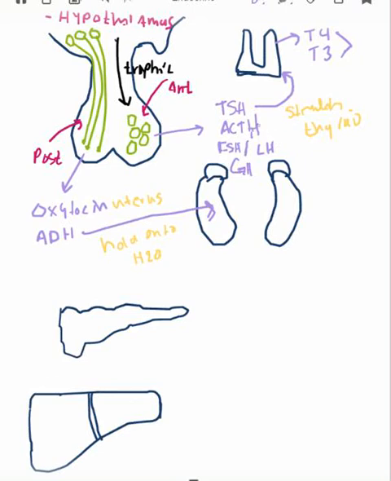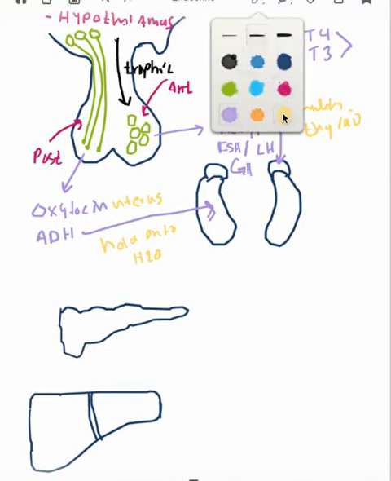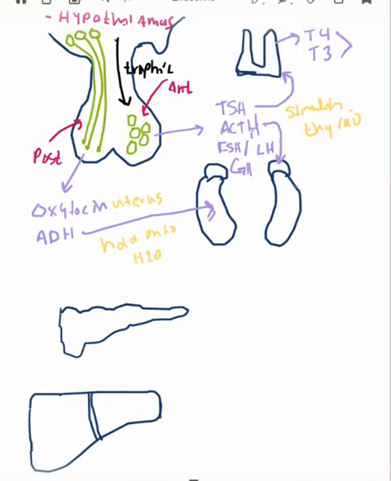Adrenal corticotrophic hormone, ACTH. Well, that should come as no surprise that it acts on the adrenal gland, and ACTH tells the adrenal glands to secrete another type of hormone, a class of hormones called the steroids, and the typical hormone that we talk about there is cortisol.